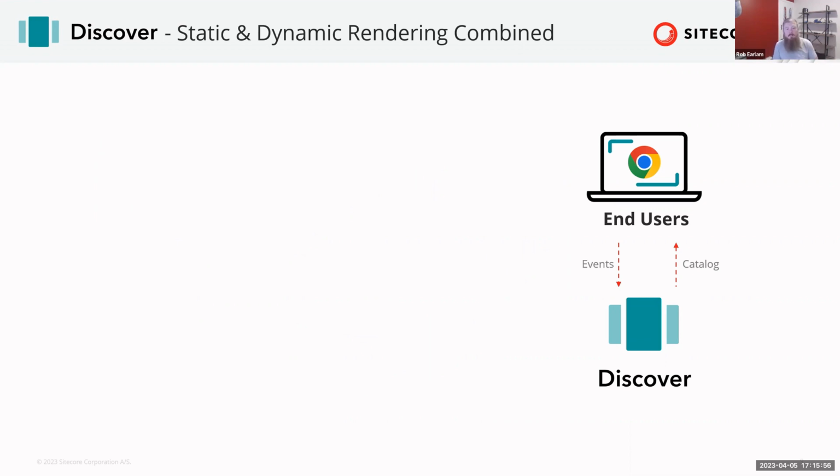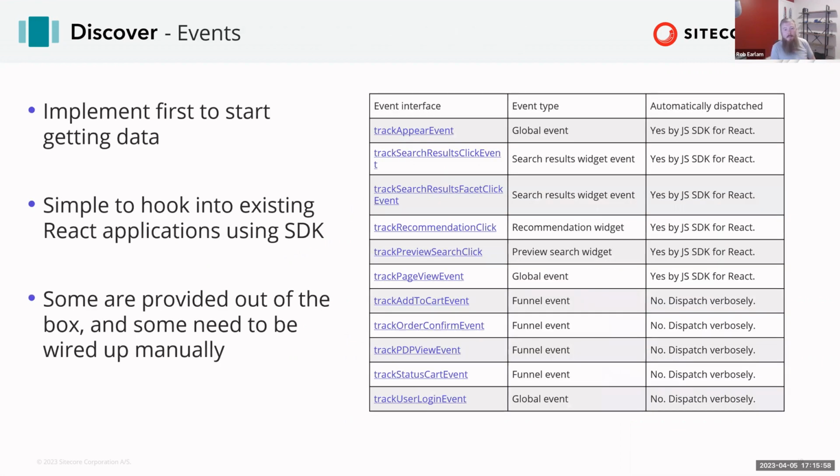So let's look at the first arrow first, and that's eventing. When you're implementing Discover on a new site, this is where you want to start, because it means you can start to harvest all this rich data about how your customers are interacting with your site before you start to add your componentry to it. So for example, if you add in the eventing information, start collecting this data, and deploy it out to production, then a week, 2 weeks, a month later, you decide to deploy a most popular products component.